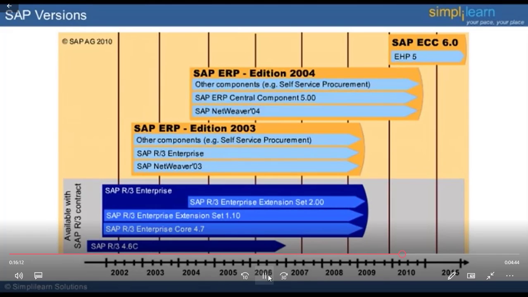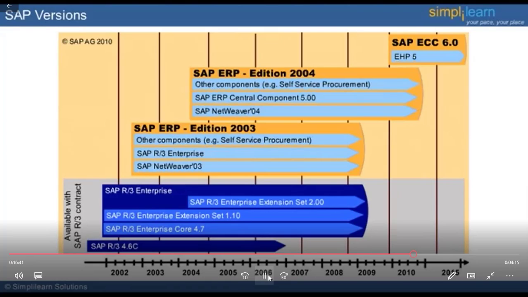SAP R3 Release 3.0 3.1, released 1995. SAP R3 Release 4.0B, release date June 1998. SAP R3 Release 4.5B, release date March 1999.